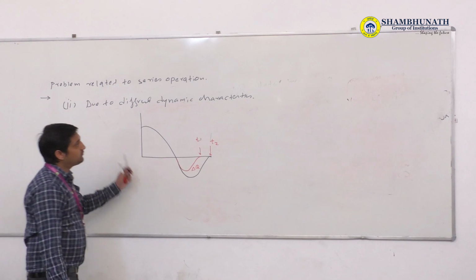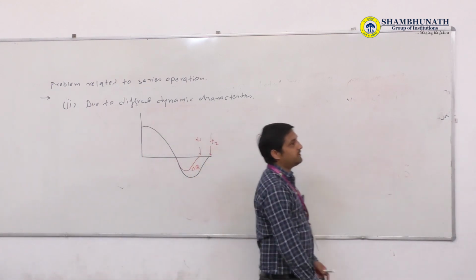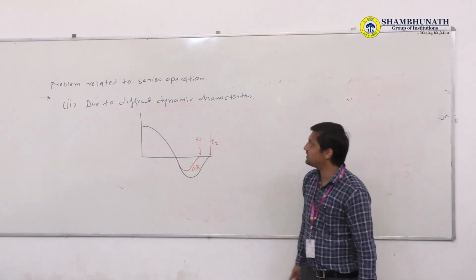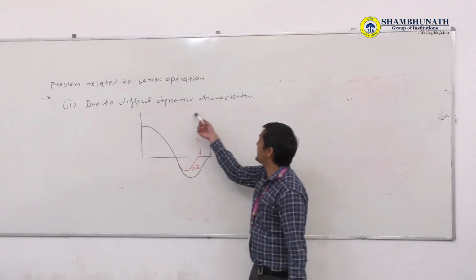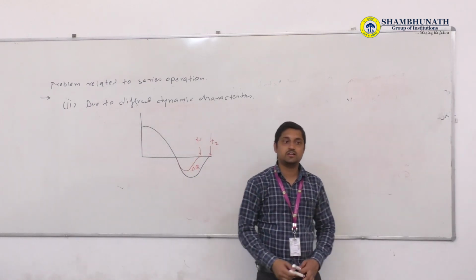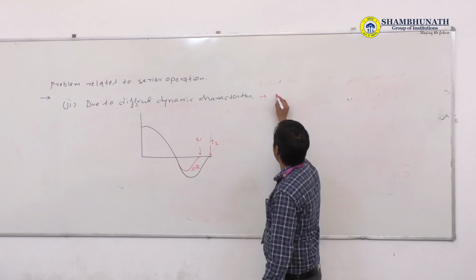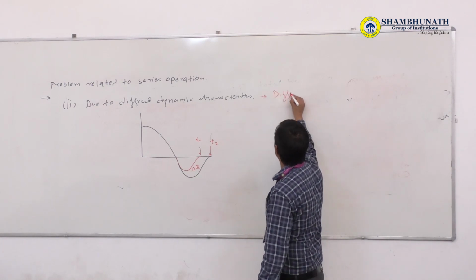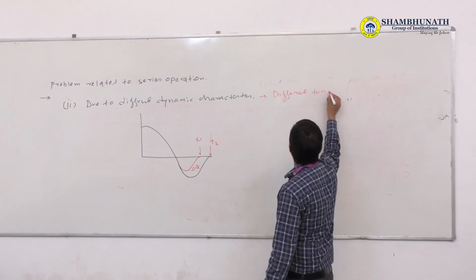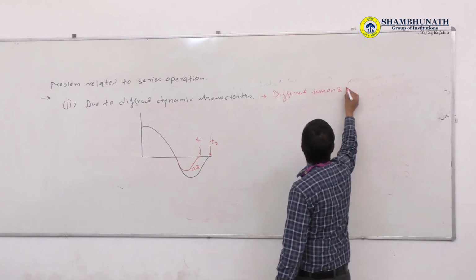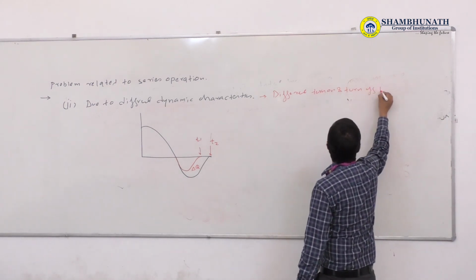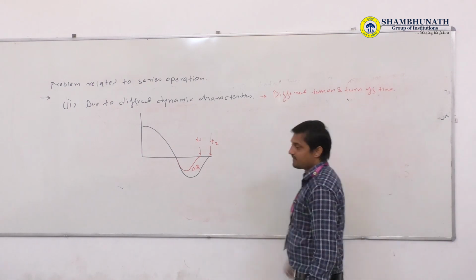Now the second cause of unequal distribution of voltage is due to different dynamic characteristics. Dynamic characteristics are the condition of different turn on and turn off time.